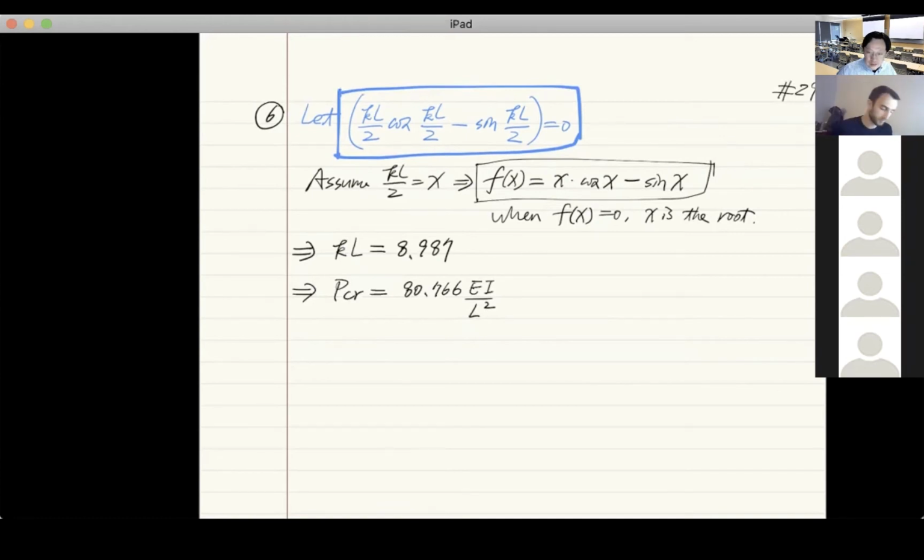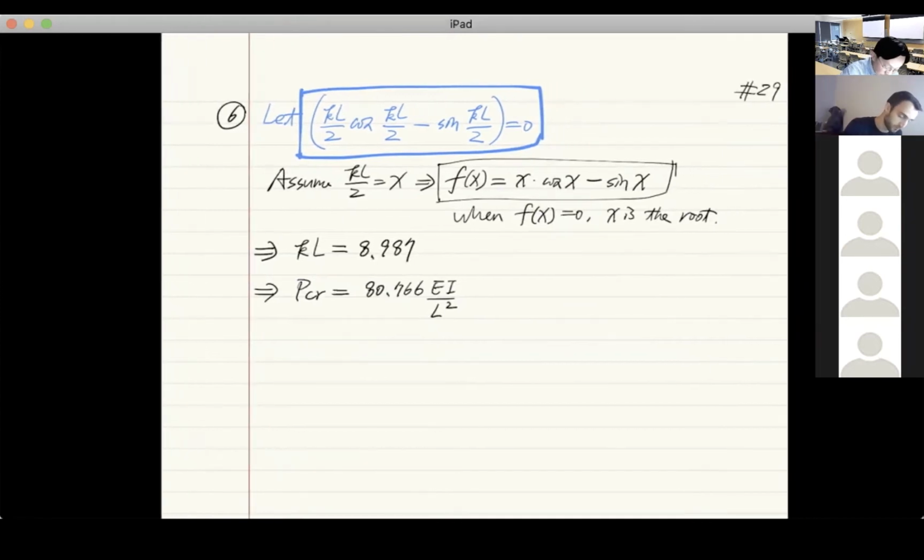Okay, is that clear how this value is obtained? By substituting the definition of k. If it's not clear to you, remember k is the square root of P over EI. So this whole thing times L equals 8.987, right? Then you square everything and move things around. That's how you get this final answer.